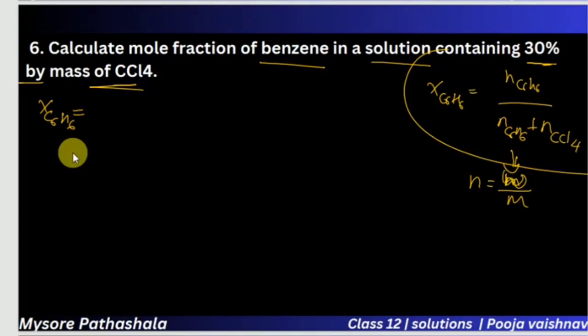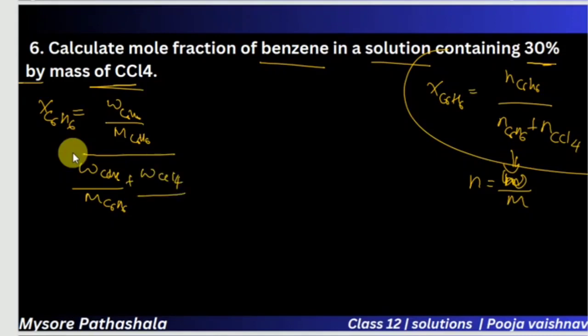So this formula is going to change as mass of benzene divided by molar mass of benzene plus mass of CCl4 divided by molar mass of CCl4. So here, in place of number of moles, I have put mass by molar mass, right? So we have to see, do we have all the values for this?